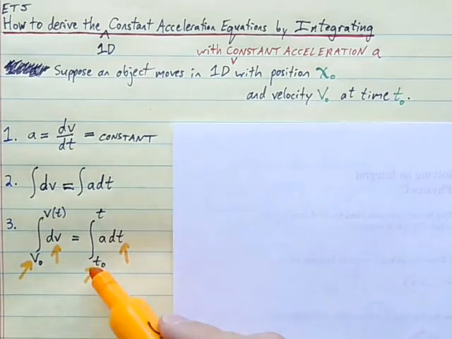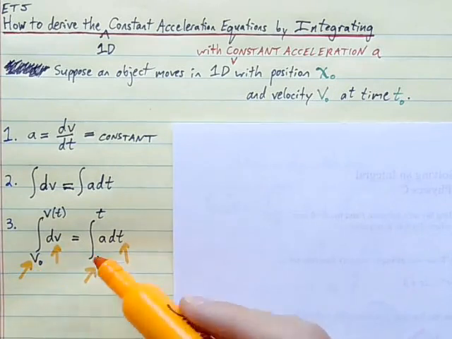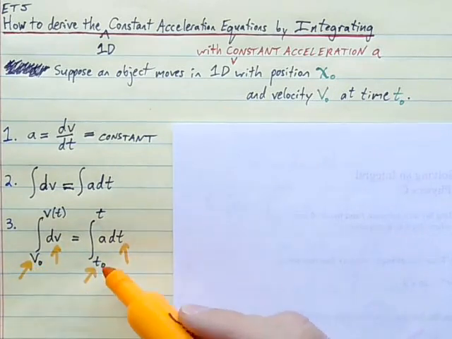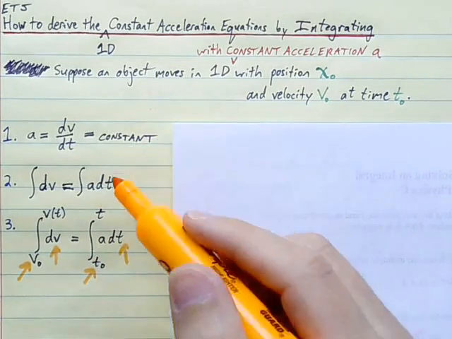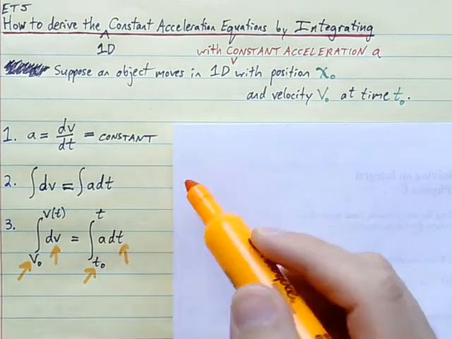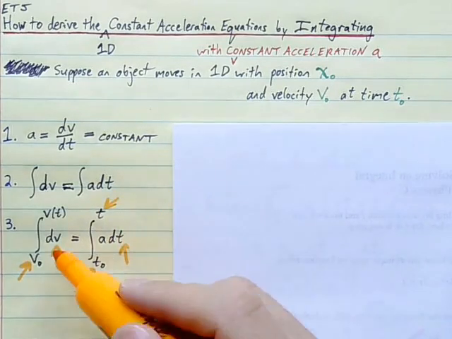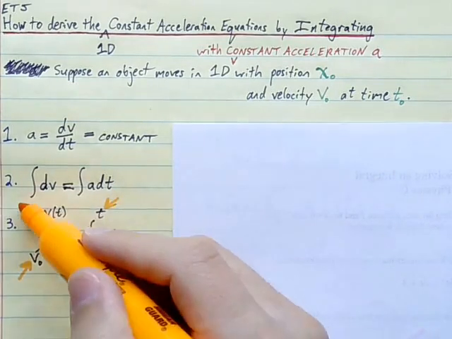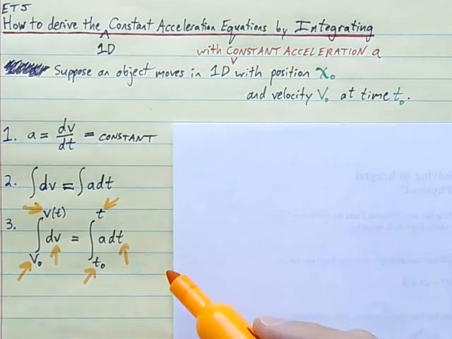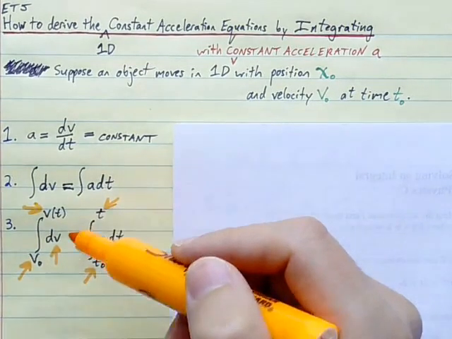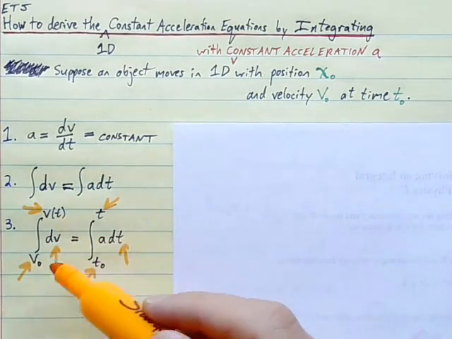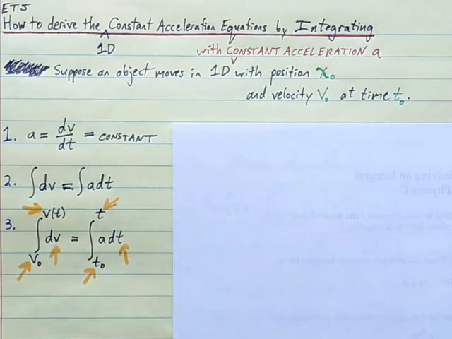So t naught and v naught match, and those are our starting conditions. Our upper limit is when t will have some future value t, when v has this future value v of t. So t naught to t and v naught to v. The lower limits match and the upper limits match.